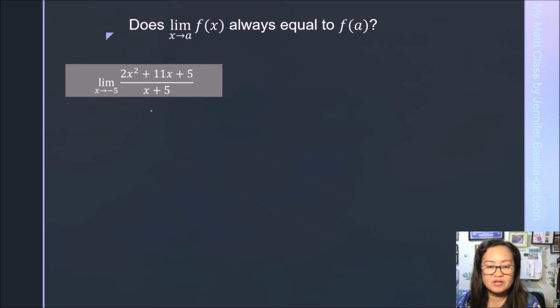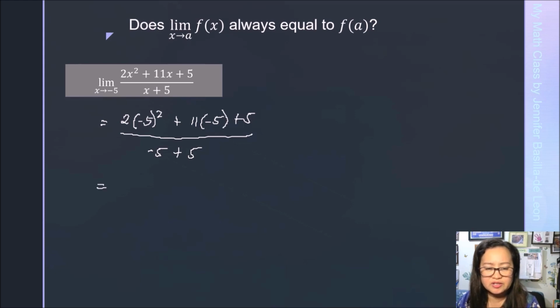Now evaluating this at x equals negative 5, we would have 2 times negative 5 raised to the second power plus 11 times negative 5 plus 5, all over negative 5 plus 5.